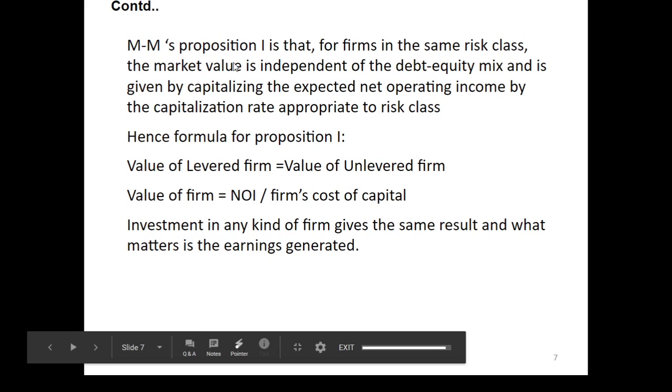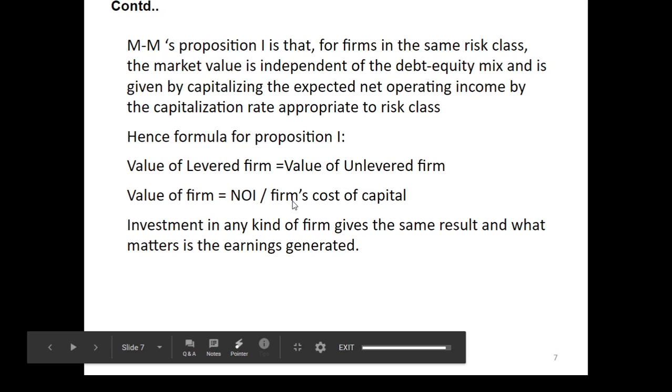Next, MM's proposition 1 is that for firms in the same risk class, the market value is independent of the debt equity mix and is given by capitalizing the expected net operating income by the capitalization rate appropriate to the risk class. Hence, the formula for proposition 1: value of the levered firm equals value of the unlevered firm.